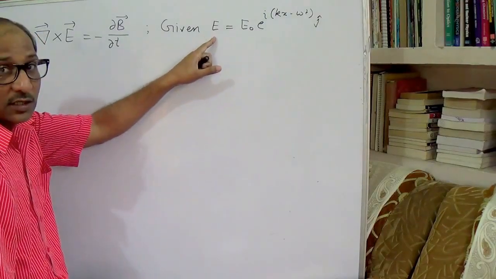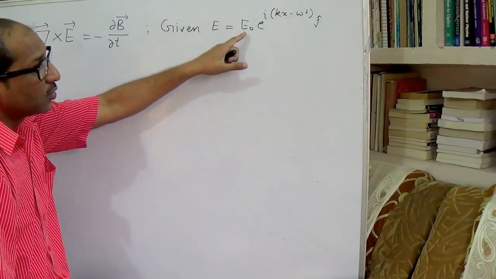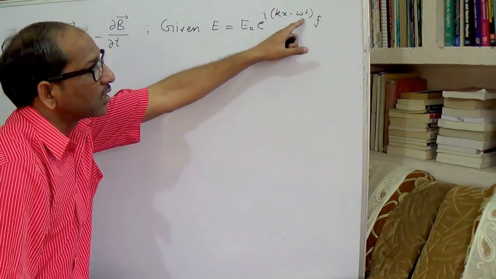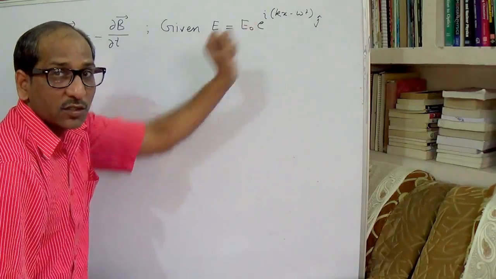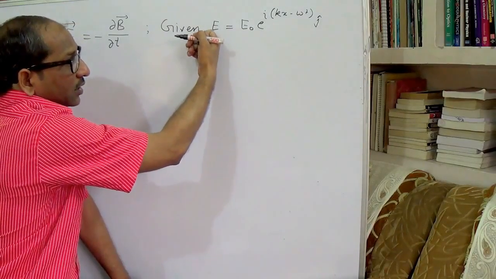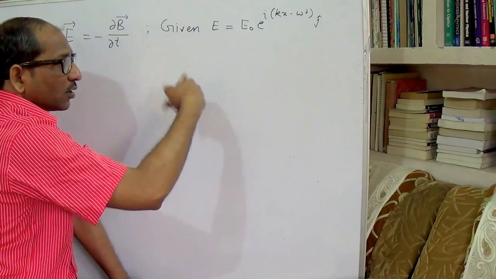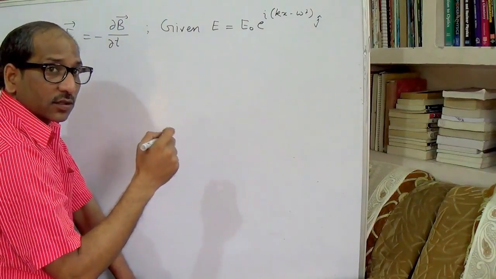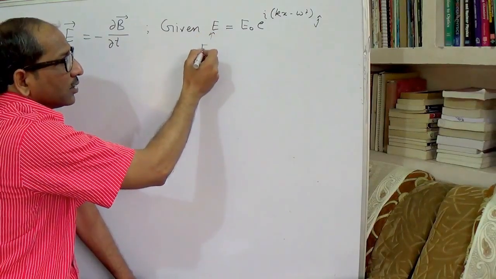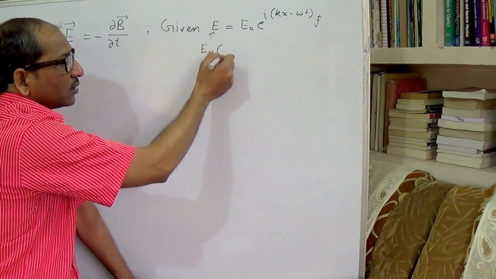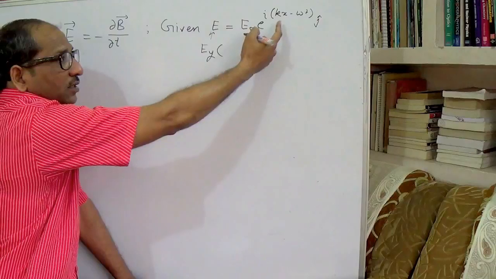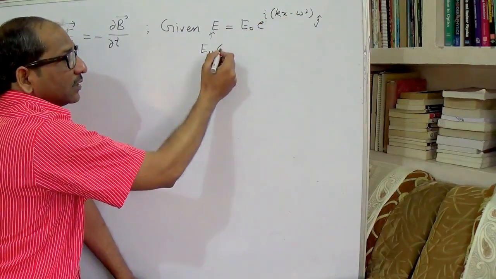Here I have written E equal to E naught exponential of iota (kx minus omega t) with this unit vector j, which defines this E along the y direction. So I can write this as Ey, and this electric field component is a function of x and t.